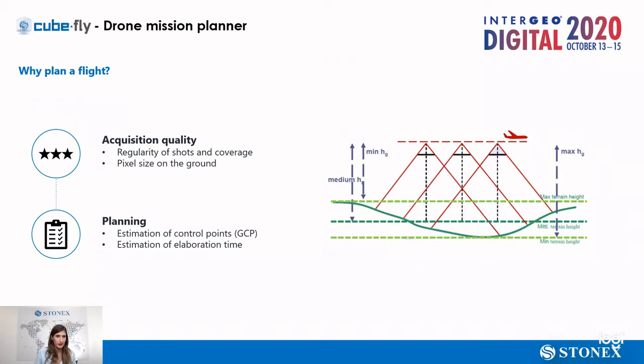It means that at the end the 3D model will have some irregularities because the ground sampling distance is not the same. So in some conditions it's very important to consider the digital terrain model.